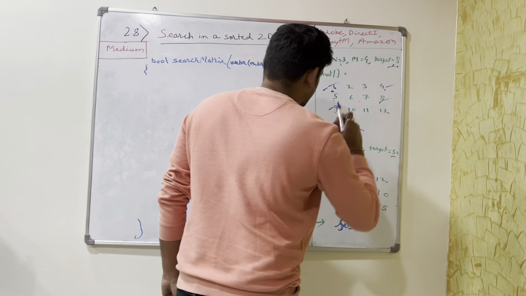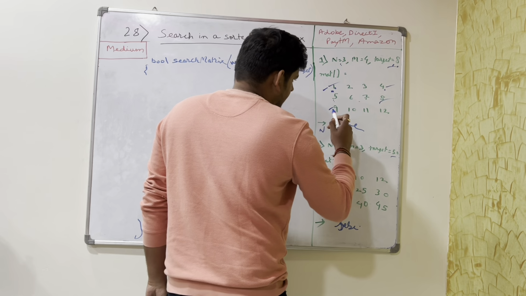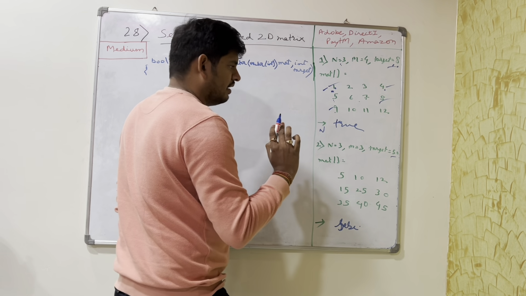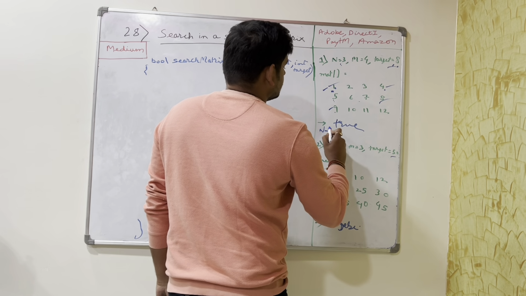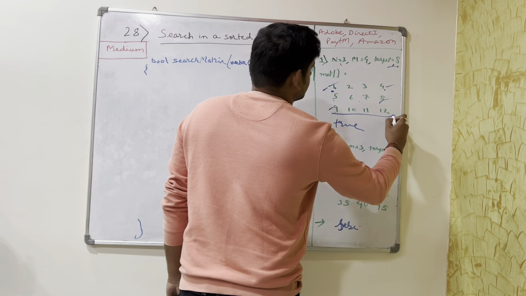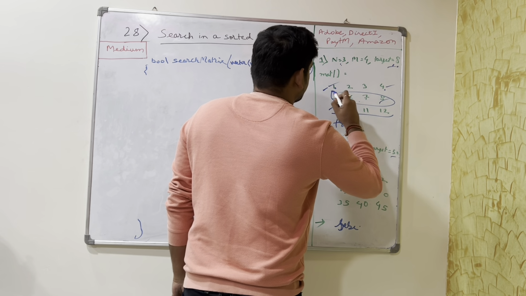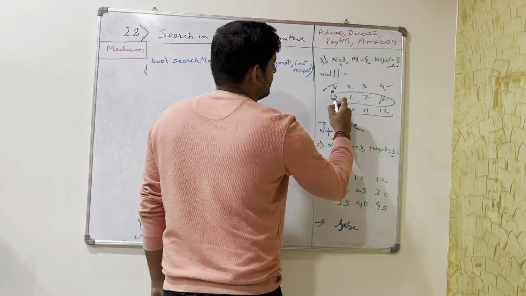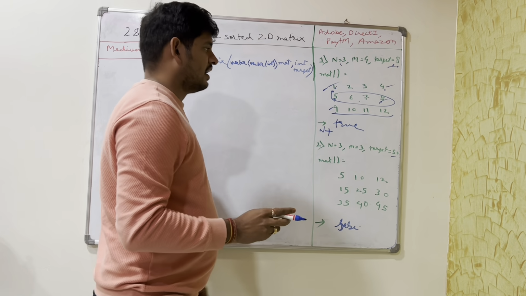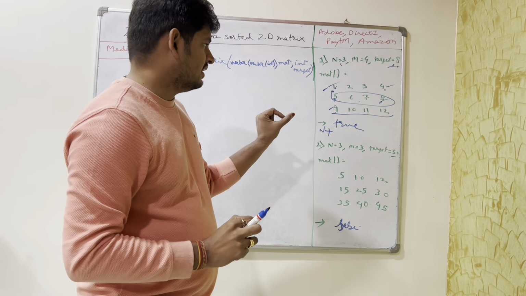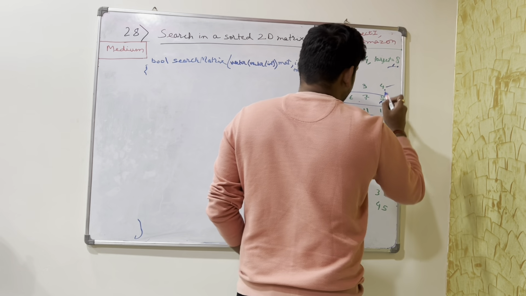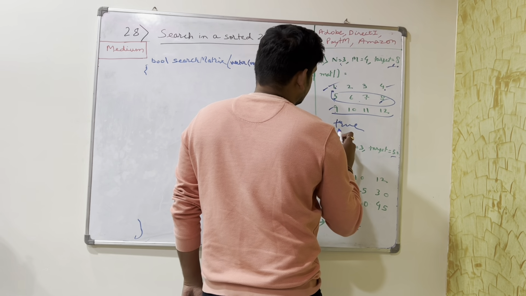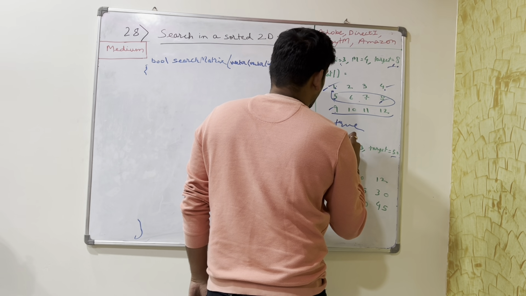If we find that in any row the target falls in the range, we need a binary search to find the element. For example, here we did not do binary search until we saw that the first element and last element range contains the target. Then we start doing a binary search and it will be log of m.